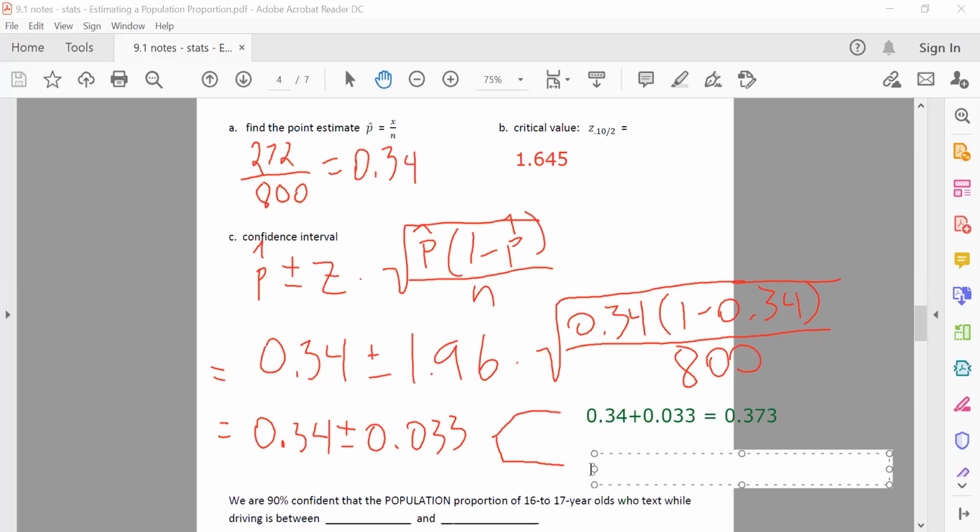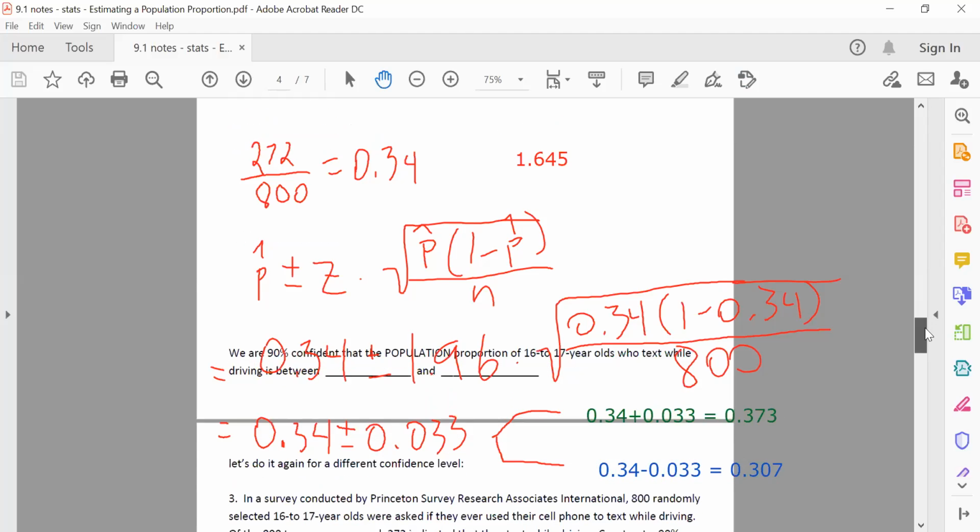And then on the other end of that, 0.34 minus 0.033, 0.307. So here's the low end estimate, 0.307. Here's the high end estimate, 0.373.